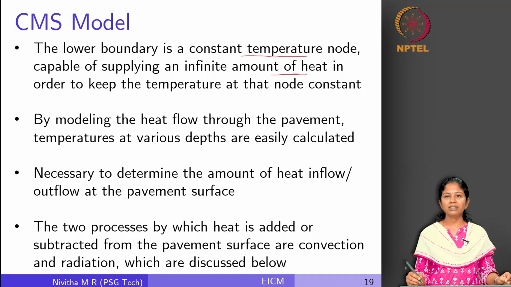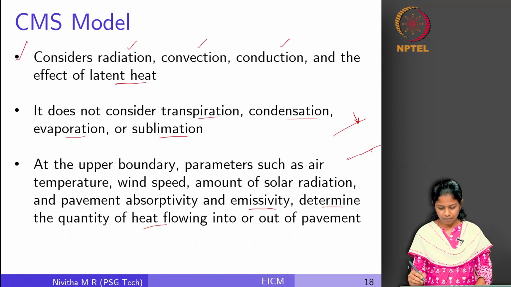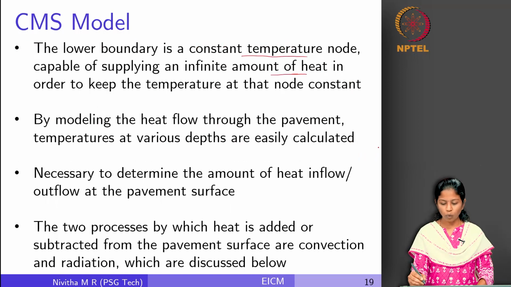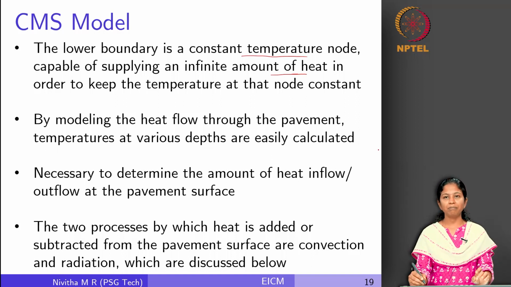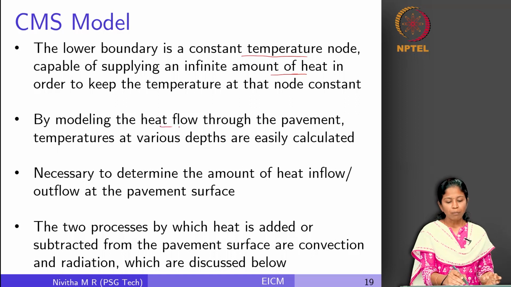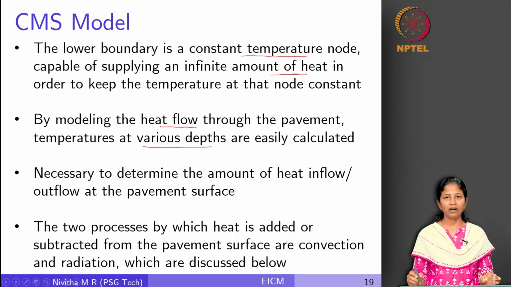So we assume a constant temperature for the lower node, irrespective of the conditions at the surface. We assume that the temperature at the bottommost layer is going to be a constant. Now by modeling heat flow through the pavement, temperature at various depth can be calculated. So this is how the depth information is calculated by the CMS model.